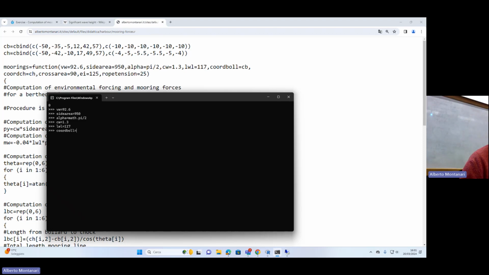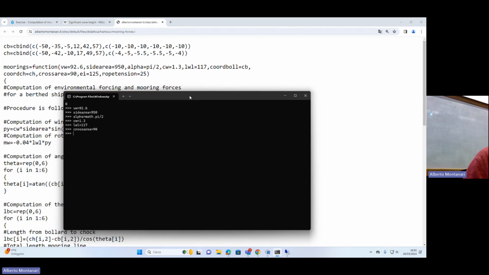The only thing is that CB is not defined. So let's forget about this for now, because I don't need this for computing the wind forcing. Cross area equal 90. And I think for now I can stop here.